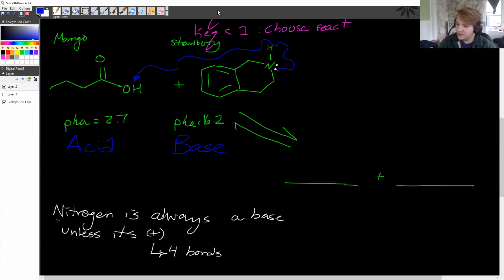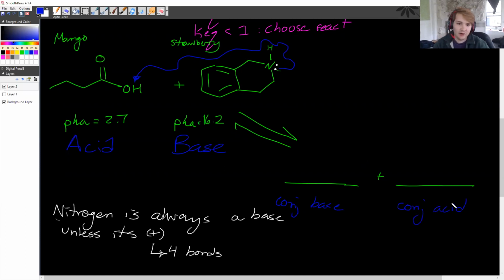This is the crux of acid-base chemistry, and the hardest bit is determining who's the acid and who's the base. From here, we can say that this structure is the conjugate base and this is the conjugate acid.